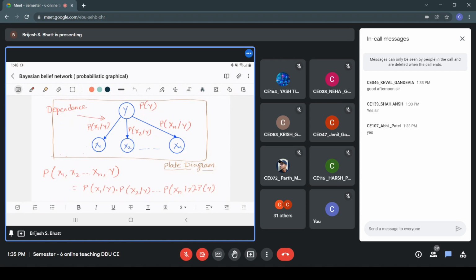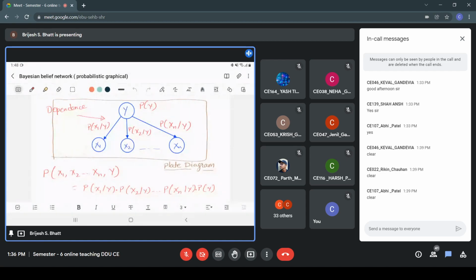But is this clear, this dependency graph and the joint probability calculation? Any questions on this? One thing you might realize is that this dependency graph is a convenient way to describe a complex mathematical formula.